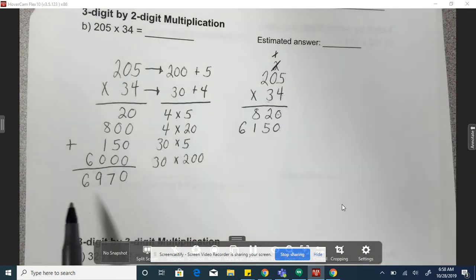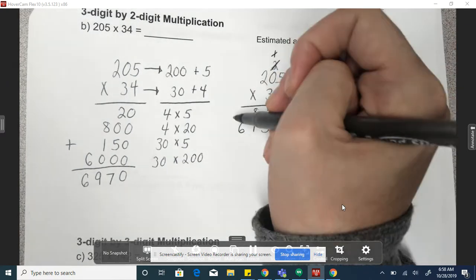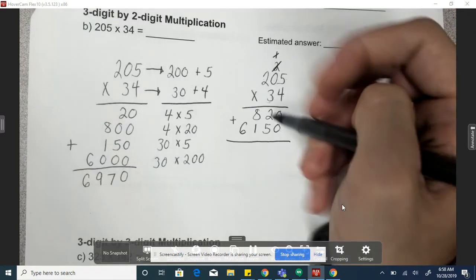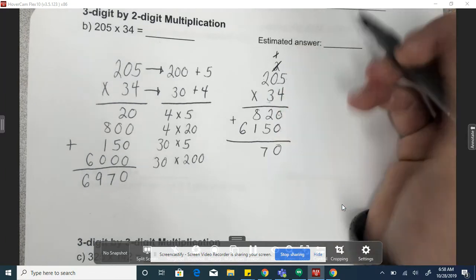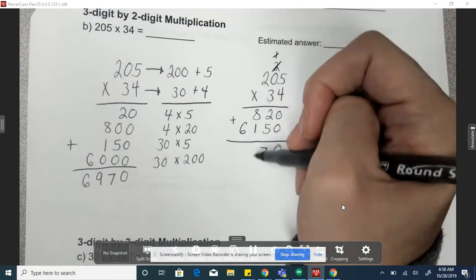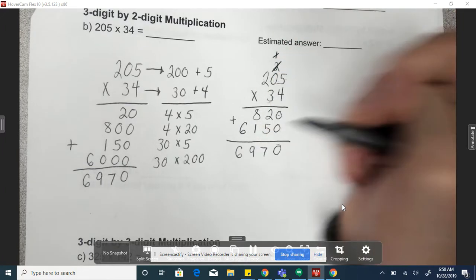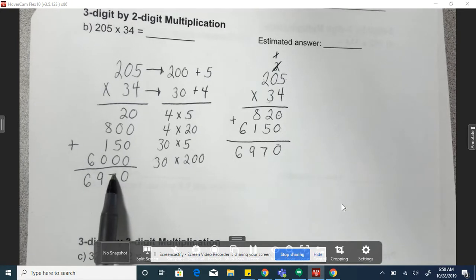So my answer for here is 6,970. I should get the same answer here. We're going to add them up. Ones place, we only have zeros, so it's zeros in the ones place. 2 tens plus 5 tens is 7 tens. 8 hundreds plus 100 is 900. 6 thousands plus no thousands is 6,000. So 6,970. We got the same answer for both.